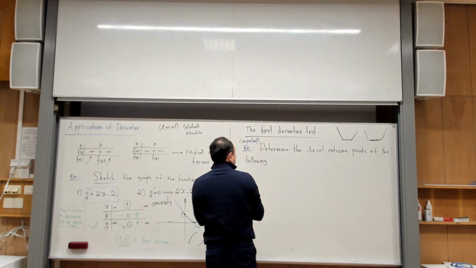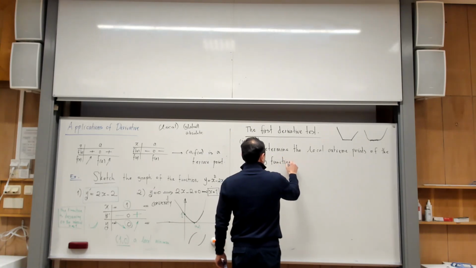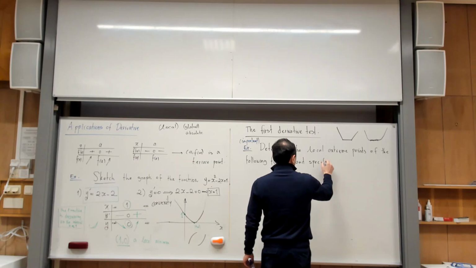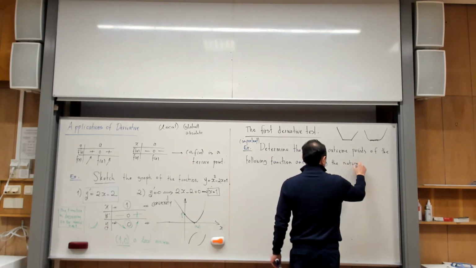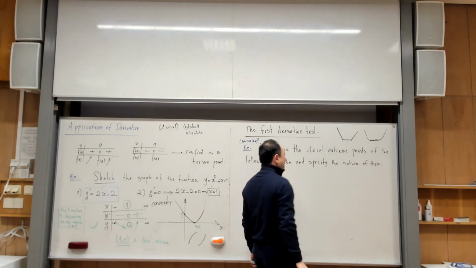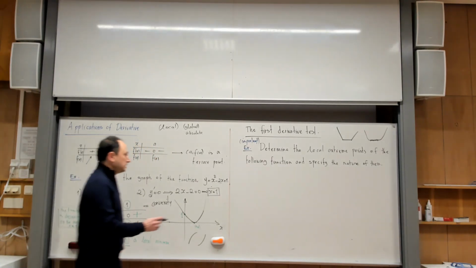The following functions and specify the nature of them. What do I mean by this sentence? I mean if it is a max or a min. So let me give you this example.